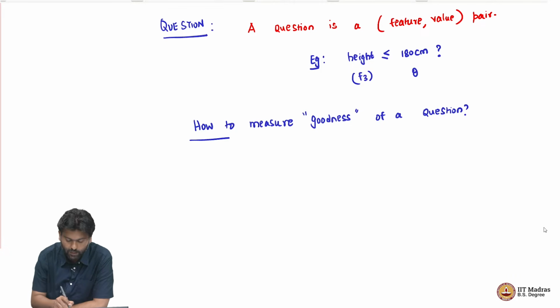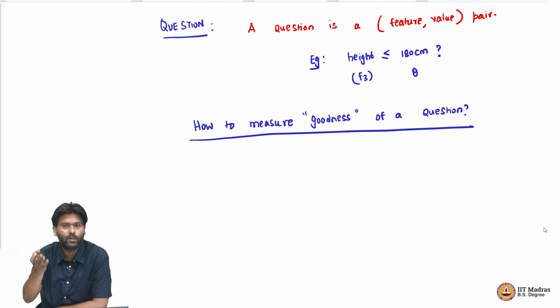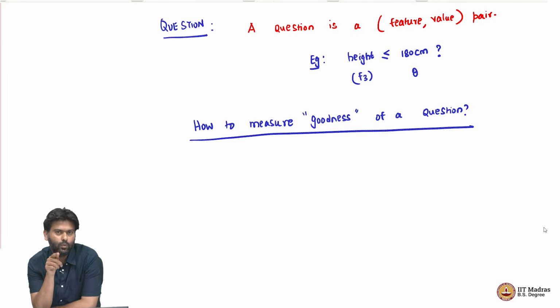So, what might be a good way? This might be a good time to pause and think, how can you measure the goodness of a question. Just to point you in a perhaps useful direction to think about, instead ask the question, what would be the property of the best possible question, right.